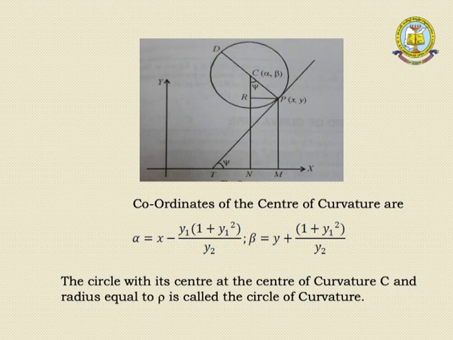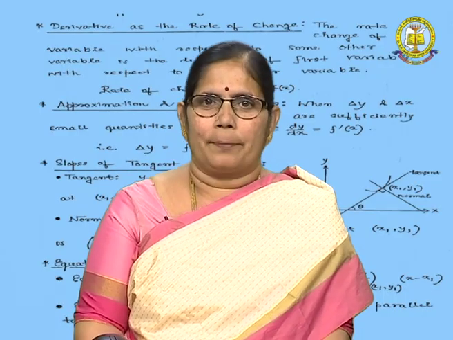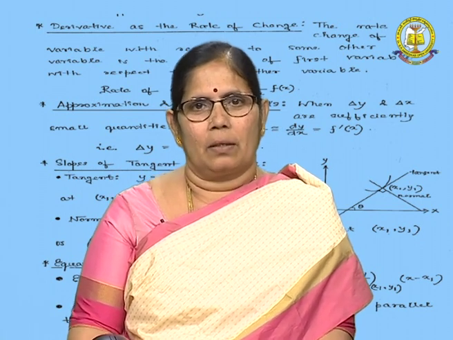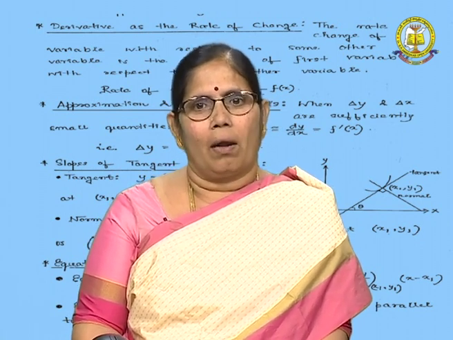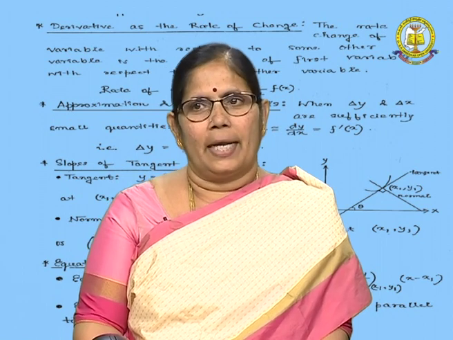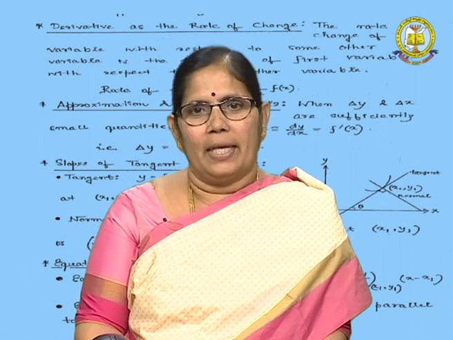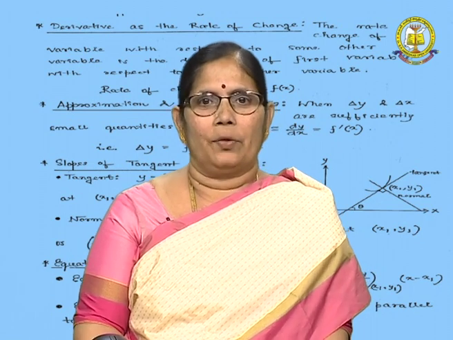The coordinates of the center of curvature are given by alpha = x − y₁(1 + y₁²)/y₂ and beta = y + (1 + y₁²)/y₂. So, you should know how to find dy/dx and d²y/dx² at the given point, and substitute in these coordinates to get alpha and beta. The locus of alpha and beta is known as the evolute of the curve.